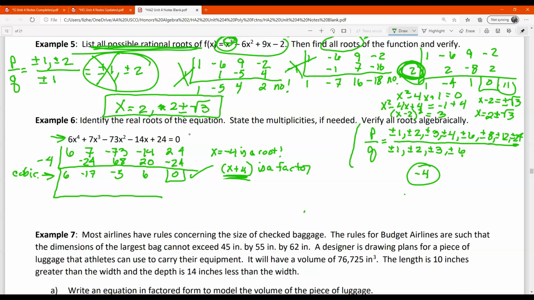Looking at my graphing calculator, though, I find another one, 3. So now I'm going to do it again. I have 18, 1, 3, -2, -6, and there is another 0. Yay. So that means x equals 3 is a root, and x minus 3 is a factor.